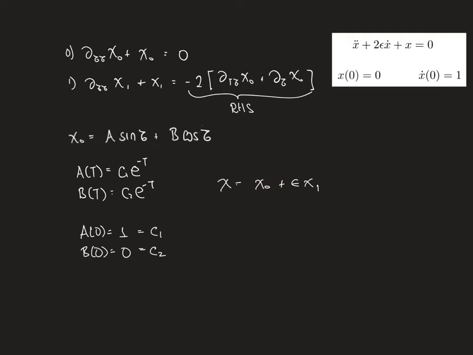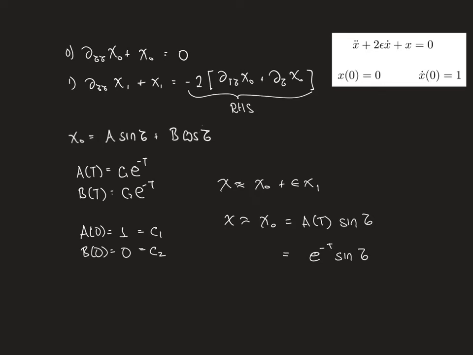So we will say x is approximated to x0, which is actually a(T) sine of τ, and this is exponential minus T sine of t.